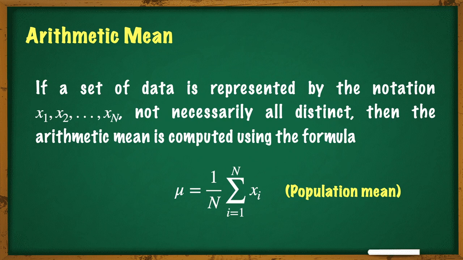Now, in this equation, the number of observations in the population or the population size is denoted by the uppercase letter N, and the Greek letter mu is used to represent the population mean.